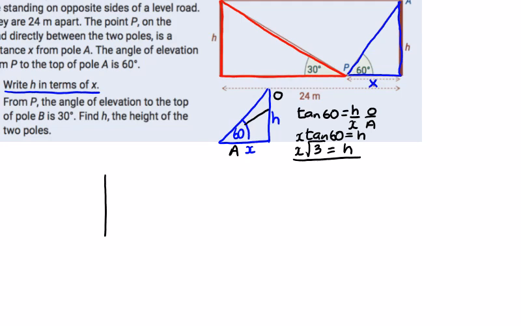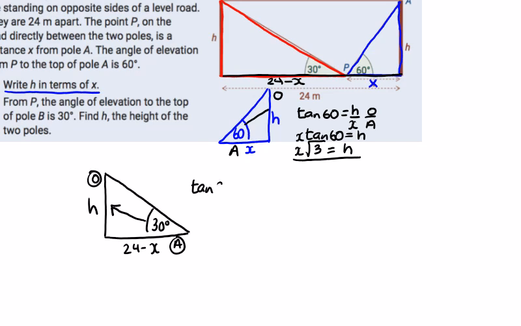So we take the triangle on the left now. And the information down the bottom is that the whole length is 24. So we have to take away x to get this one. So this is 24 minus x. We also have h again. We have 30 degrees. You can see it's going to be tan, opposite, and adjacent.